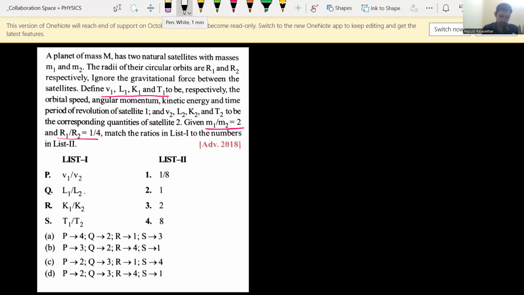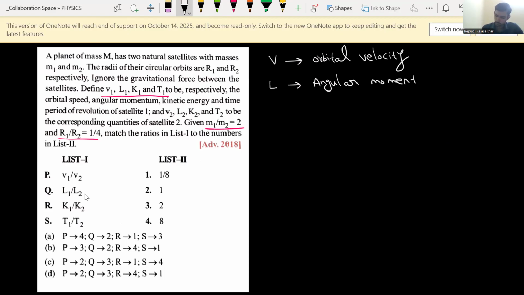After seeing this question, you can write: V represents orbital velocity, L means angular momentum, K stands for kinetic energy, and T stands for time period, right?